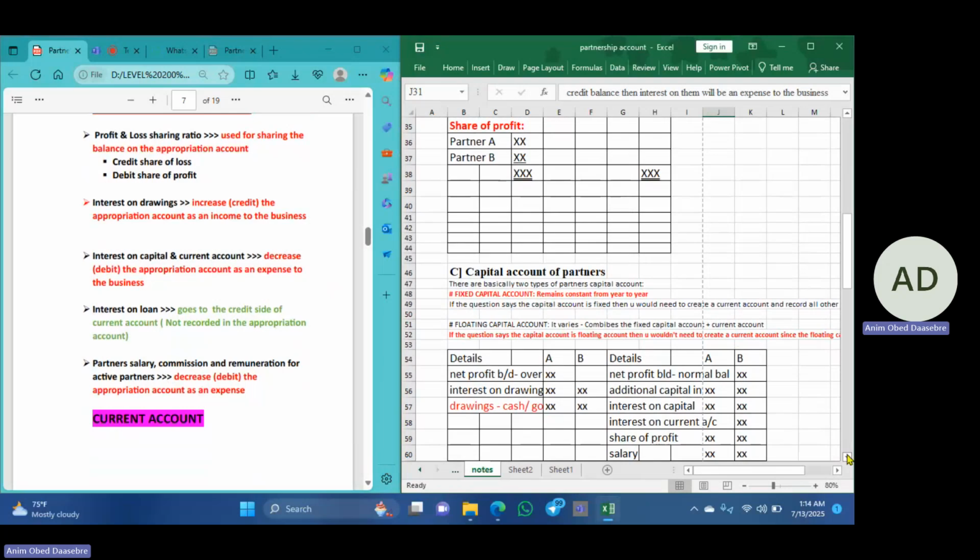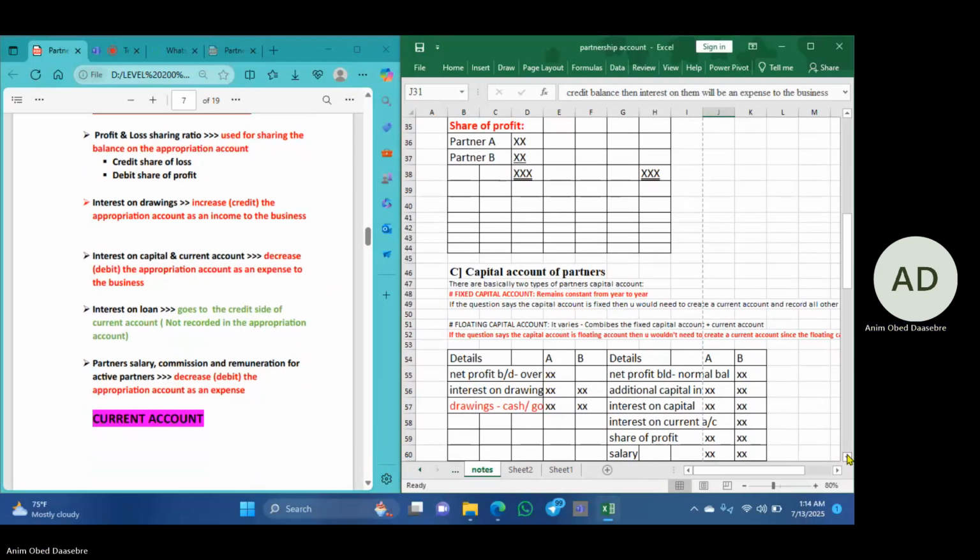We have what we call the fixed capital accounts and what we also call the floating capital accounts or the fluctuating capital accounts. When it gets to this point, students are usually confused. They don't know what to do and what not to do. So I would like to simplify this session very well for your consumption.